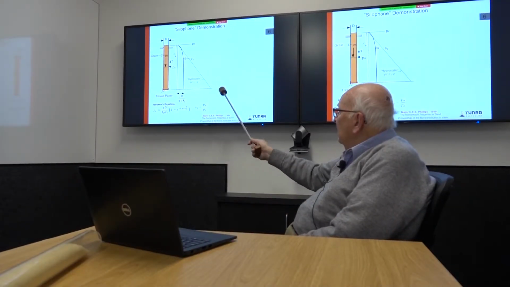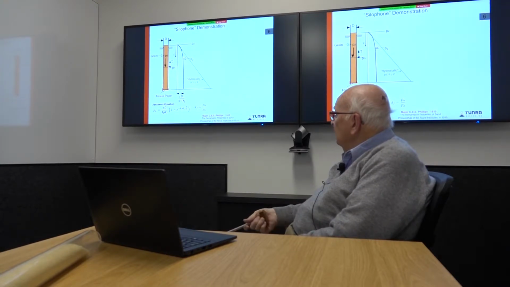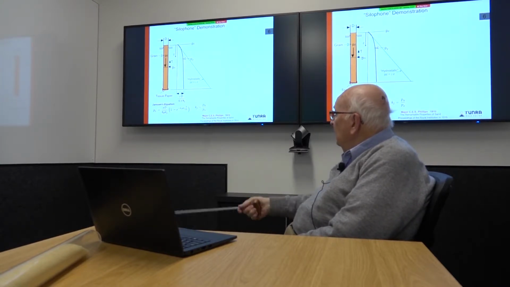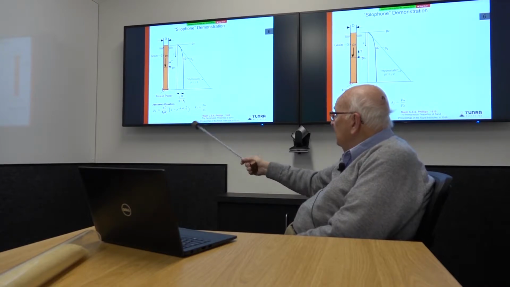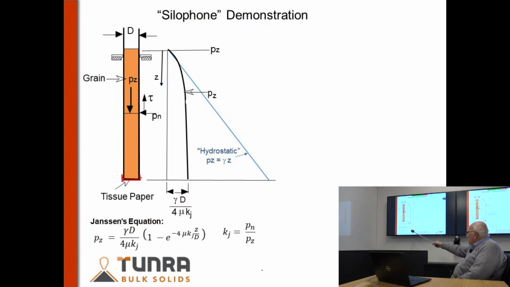And when you analyse the mechanics of this and set up the equation and solve it, you end up with this exponential decay function here, in that the exponential term decays very quickly depending on the geometry and so on, but it'll be roughly about 3 bin diameters or 3 tube diameters coming down.